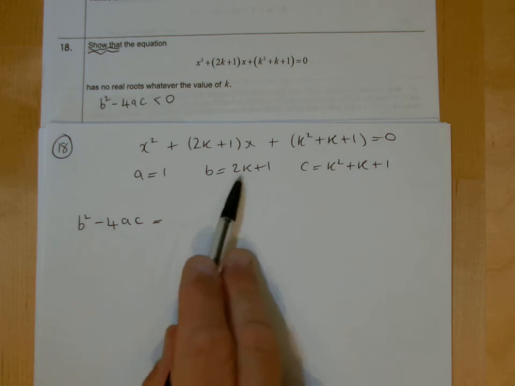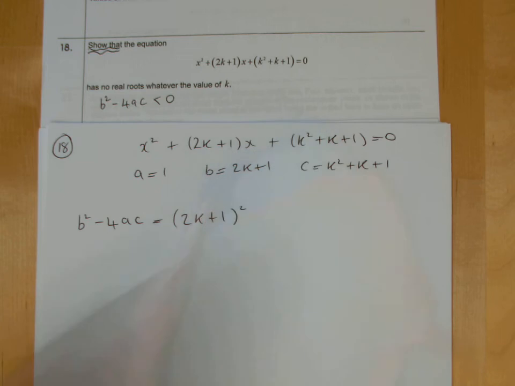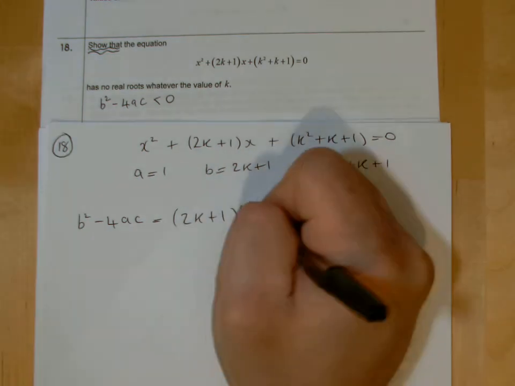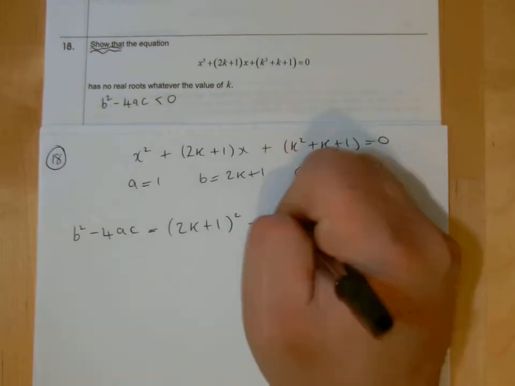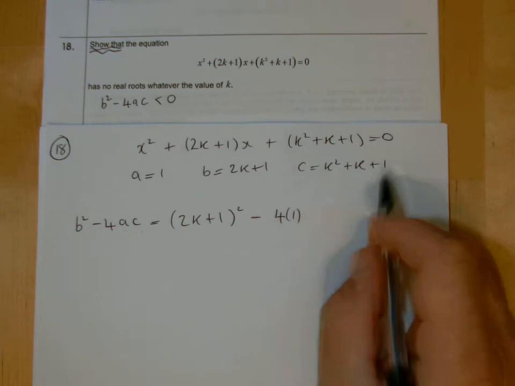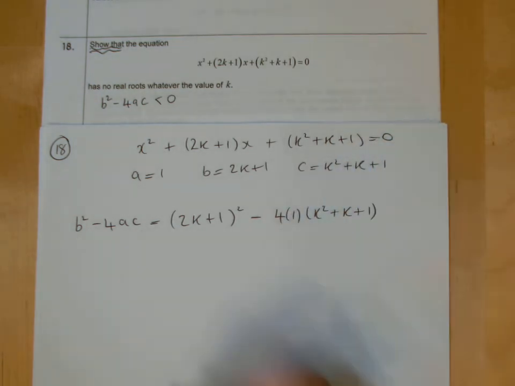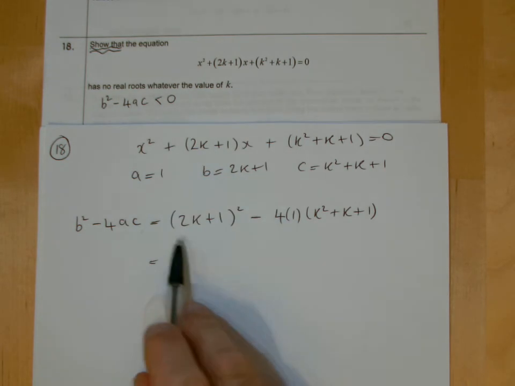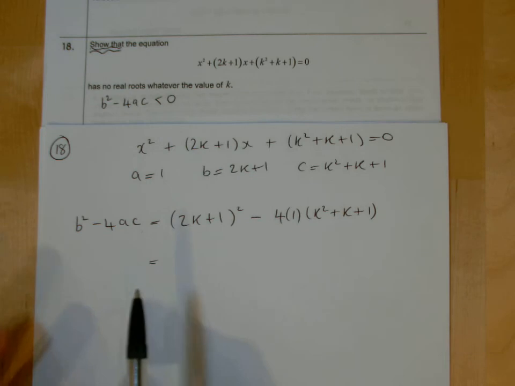So b squared, it'll be that squared, so 2k plus 1 all squared, okay? Take away 4ac, so a is 1, and c is all of this here, okay? So on my next line, I'm going to work all this out, and I'm hoping it'll come out to be negative.